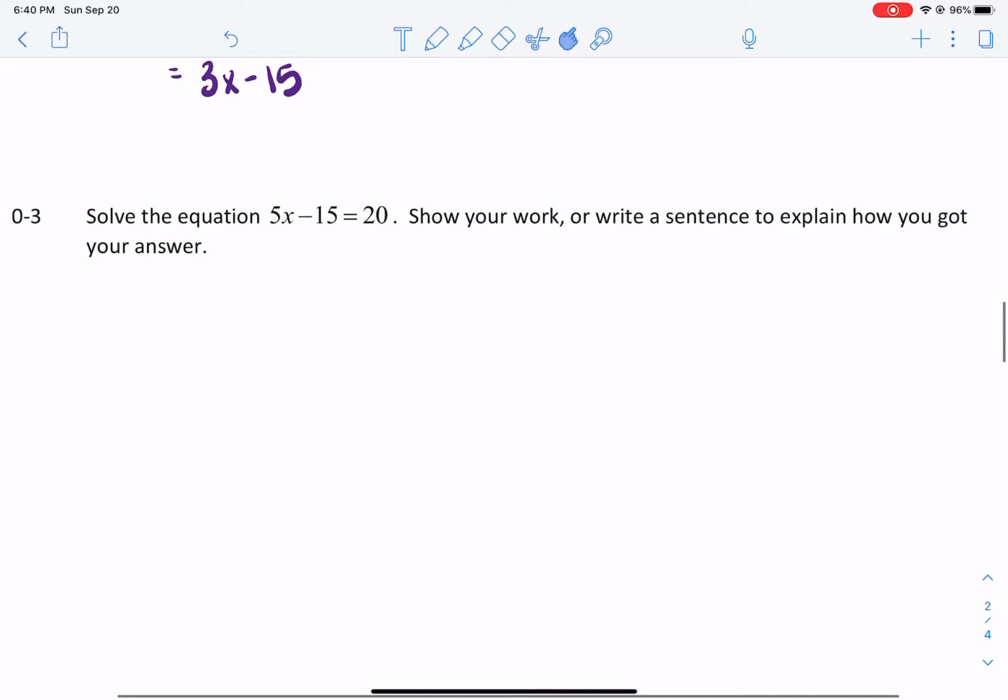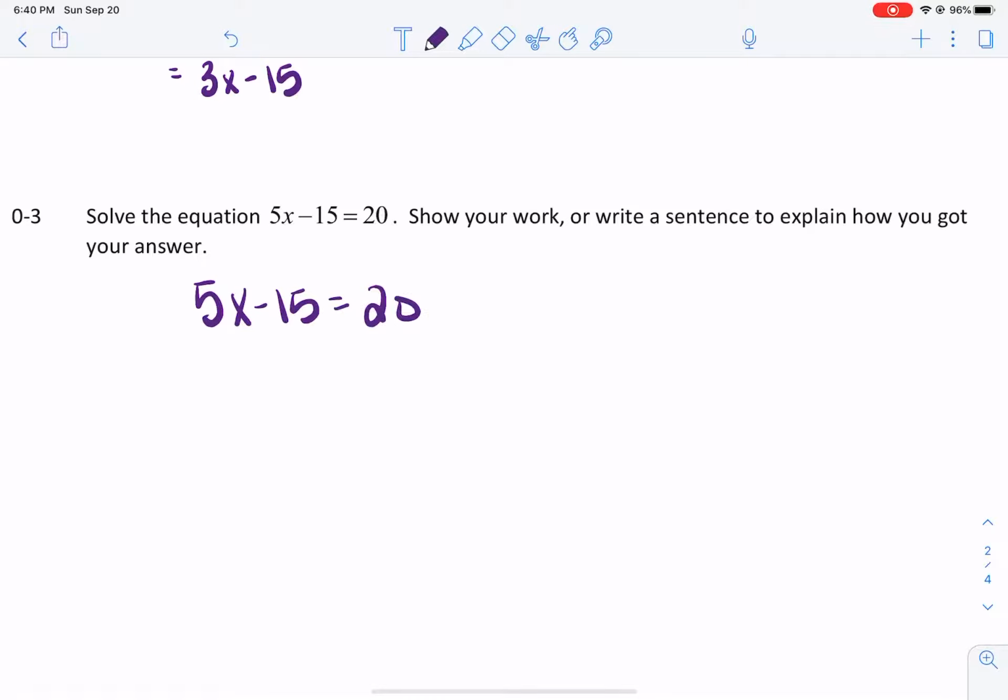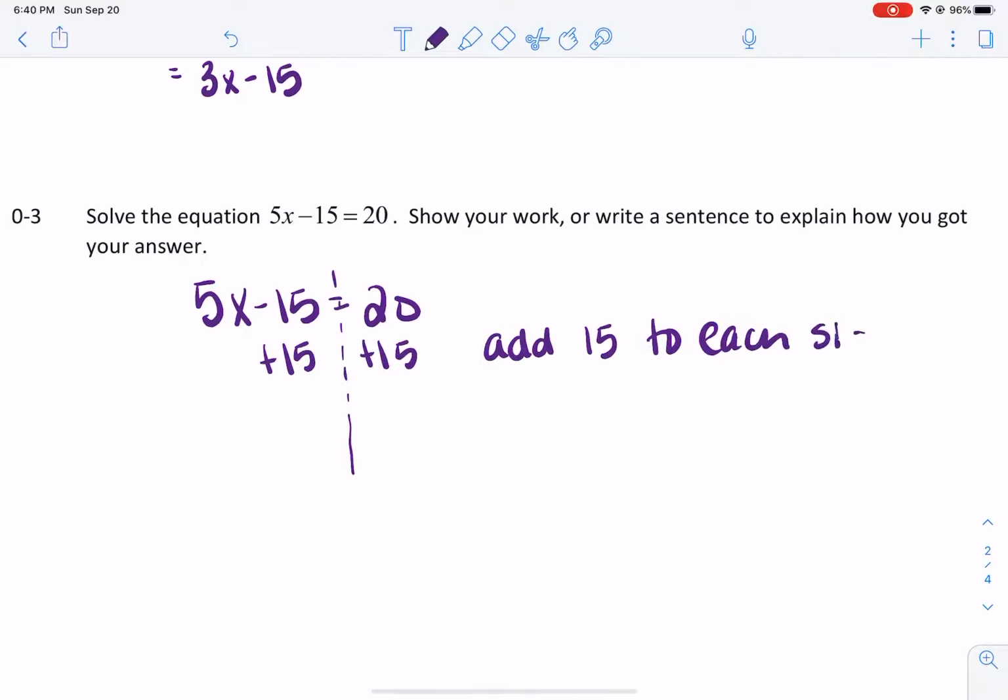And the last question on this page says solve the equation 5x minus 15 equals 20. You can show your work or write a sentence to explain. I'll do both so you can see what it looks like if I were to write a sentence. So I have 5x minus 15 is equal to 20. I'm going to start with adding 15 to each side.